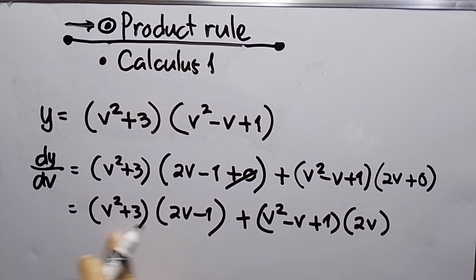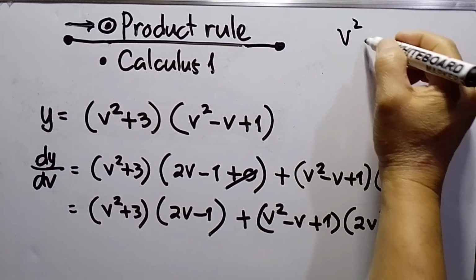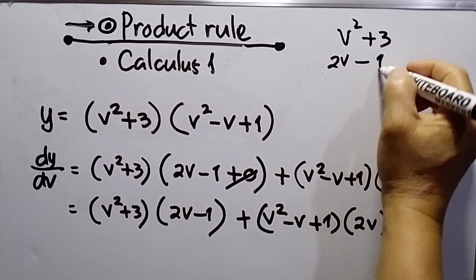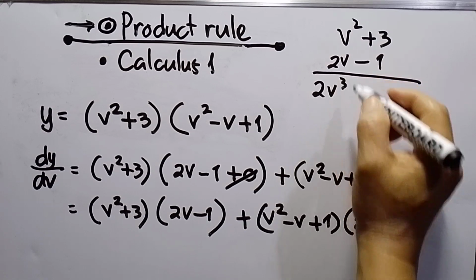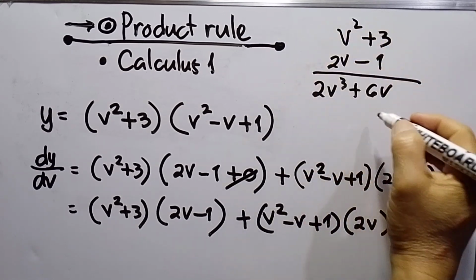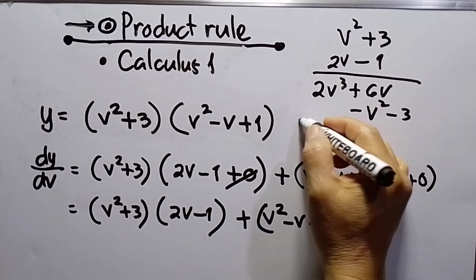So multiply this one, this is a binomial, so this will be (v squared plus 3) times (2v minus 1). So this will be 2v cubed, then plus 6v, then minus v squared, then minus 3.